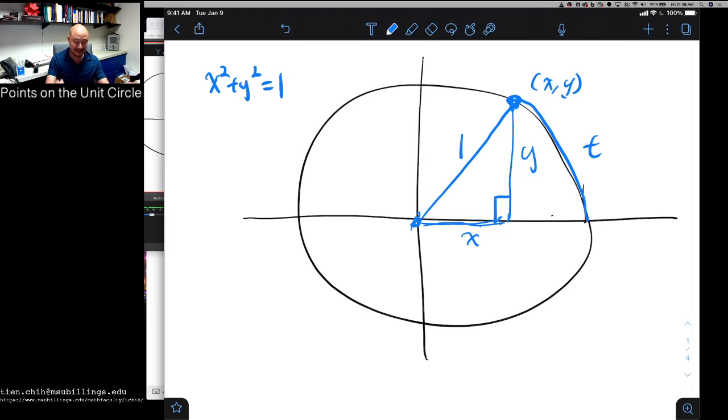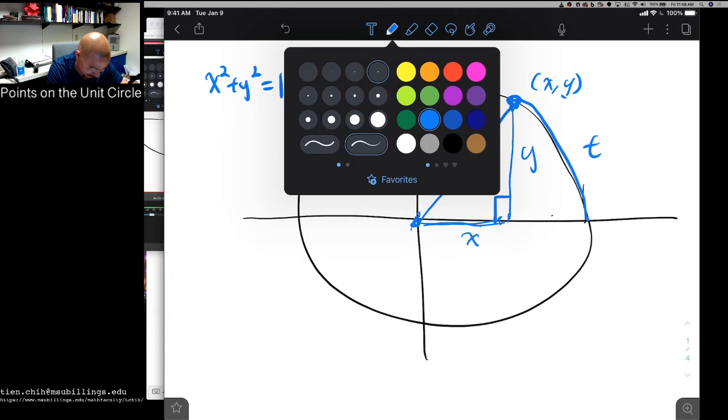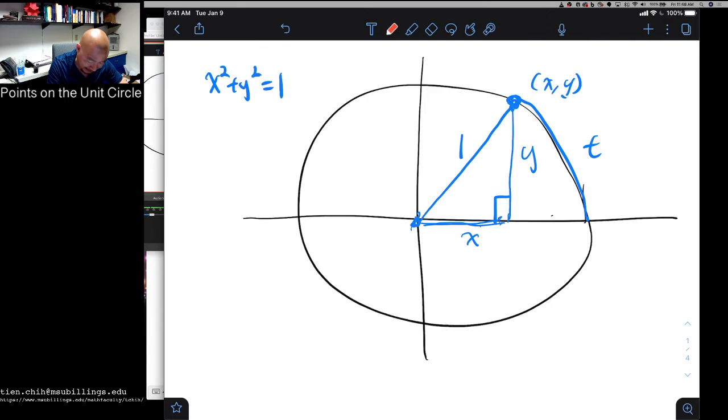So let's say hypothetically that I knew that y was 3/5, right? If I knew that y was 3/5, I'd like to know what my x values are in this case, right?